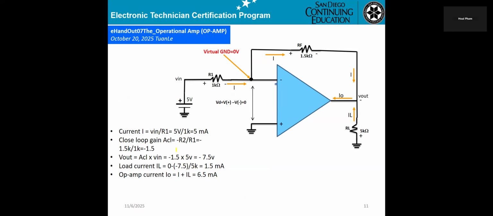Okay, so this is more detail for you. They apply 5 volts to VIN. And the resistor R1 is 1K.